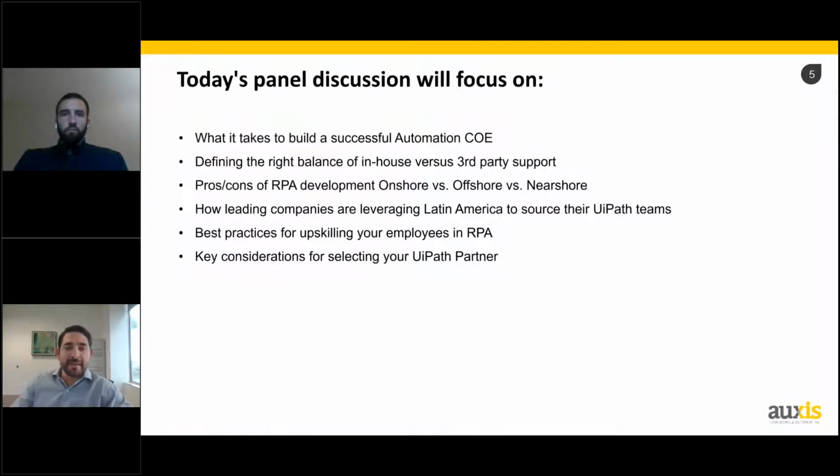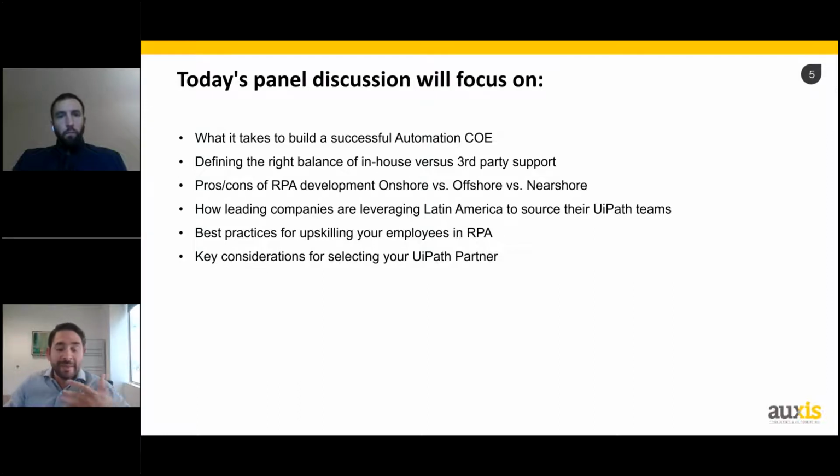So with this being said, setting the table and really understanding what we wanted to discuss today is really, what does it take to build an automation COE? Defining the balance of what a third-party role looks like, pros and cons of using onshore, offshore, and nearshore resources within your COE.